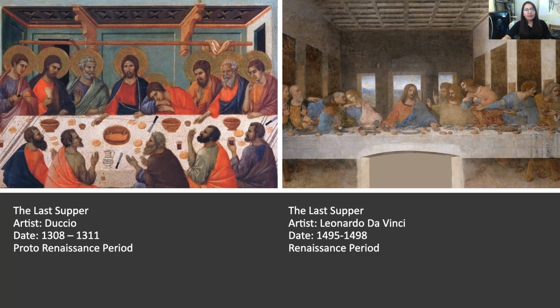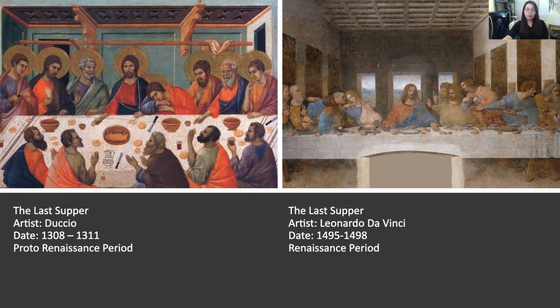But the space just does not make sense. He's not able to successfully render a realistic space. The table seems to be floating and it feels like it's about to flip over.